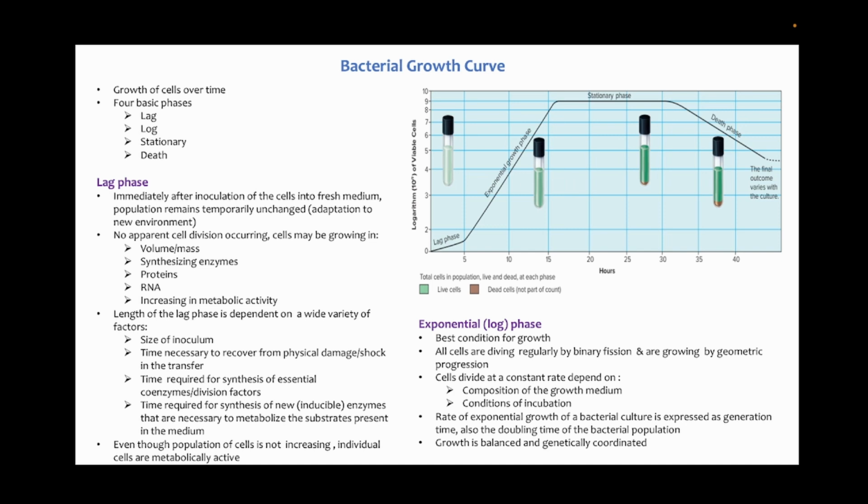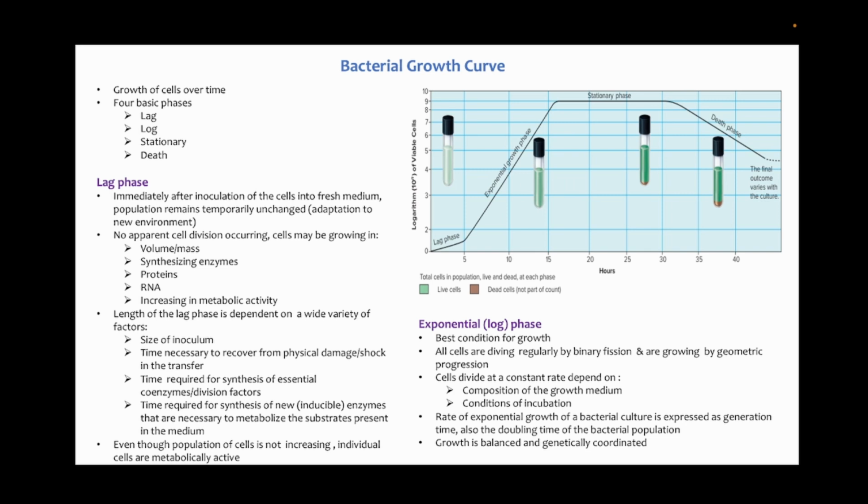So the length of the lag phase is dependent on the size of inoculum, the time necessary to recover from physical damage or shock in the transfer, the time required for synthesis of essential coenzymes, and to synthesize new inducible enzymes.